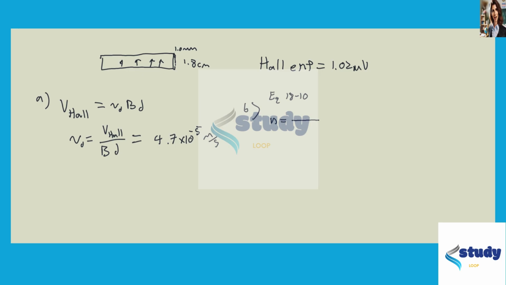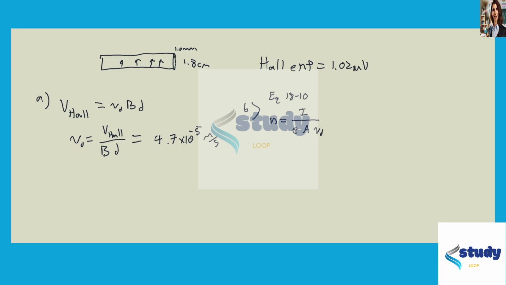So N is equal to I divided by E, making sure I have all the right constants here, A, which is our area, times the drift velocity.